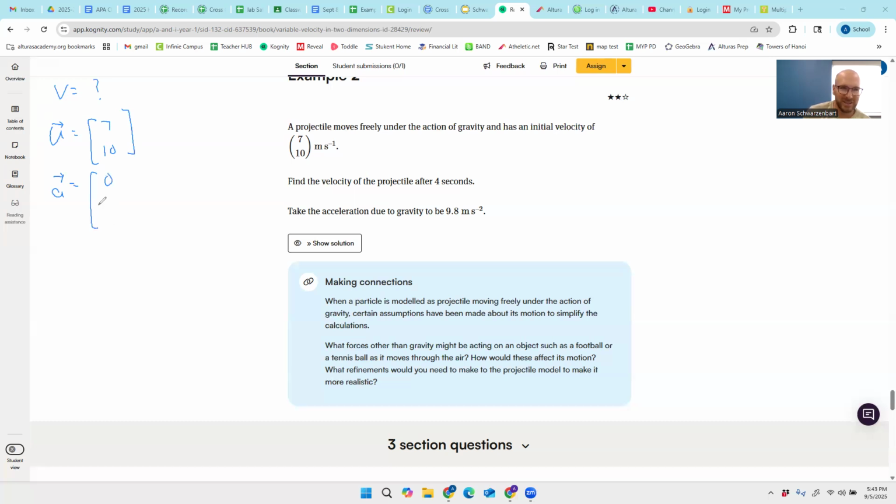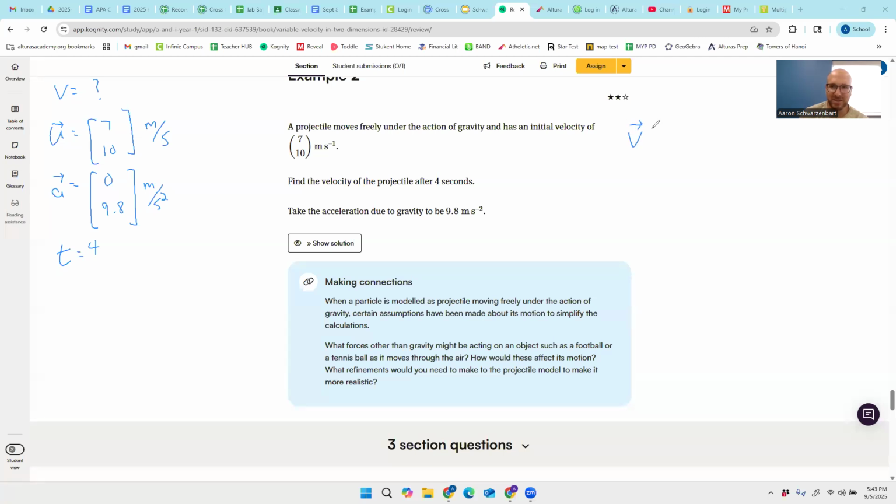Gravity doesn't pull anything in the horizontal direction, so the 9.8 only applies in the y direction. So the acceleration vector is (0, 9.8). I know that t is 4.